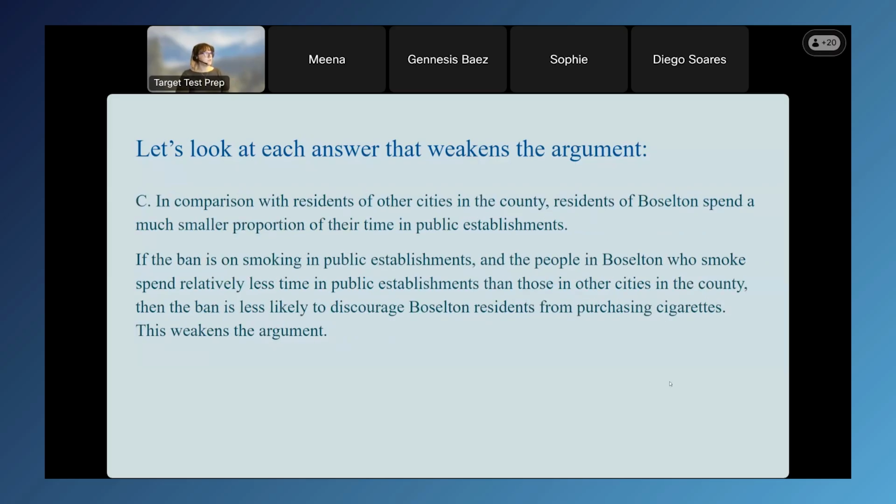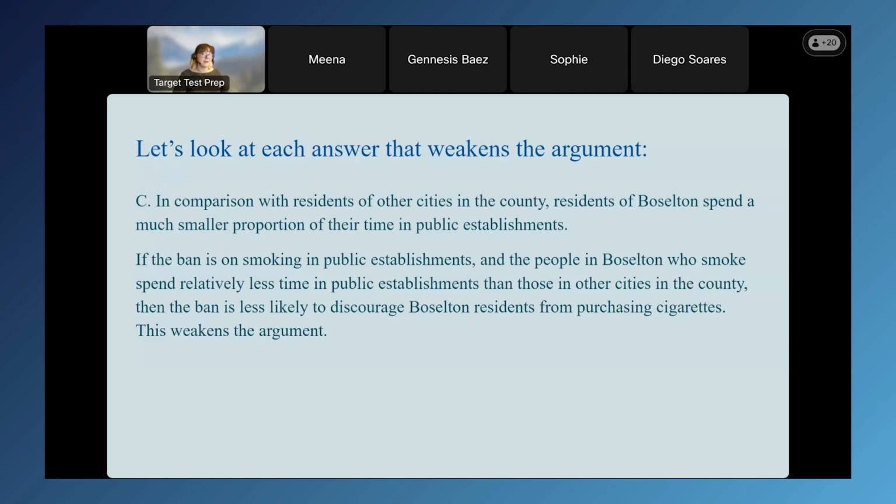B, in comparison with residents of other cities in the county, residents of Bozelton spend a much smaller proportion of their time in public establishments. This ban is for smoking inside of public establishments. If, let's say, no one in Bozelton spends any time in any public establishments, will this law have any impact? Probably not, because if it doesn't apply to them wherever they are, then they won't even notice it.